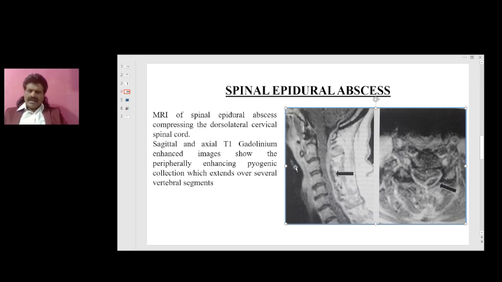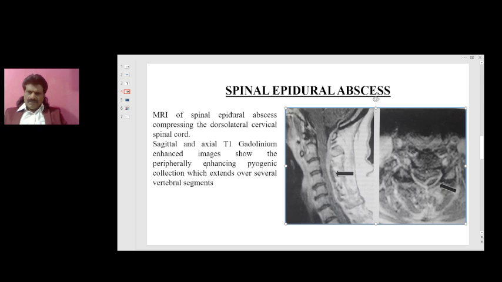This is the MRI of a spinal epidural abscess compressing the dorsolateral cervical spinal cord. This is the sagittal section and this is the axial T1 gadolinium enhanced image. They show this peripherally enhancing pyogenic collection which extends over several vertebral segments.